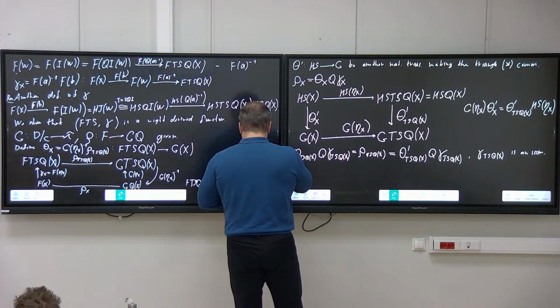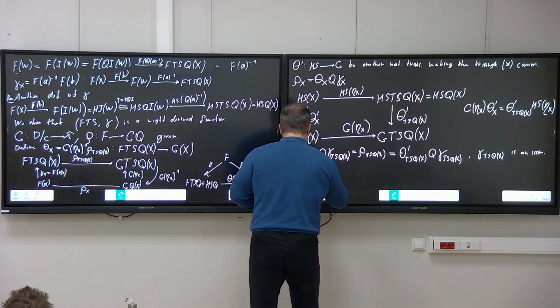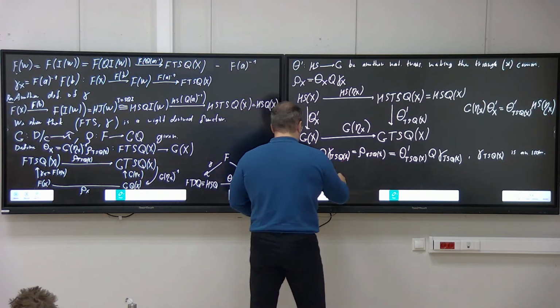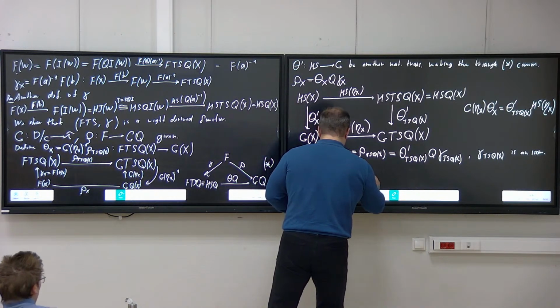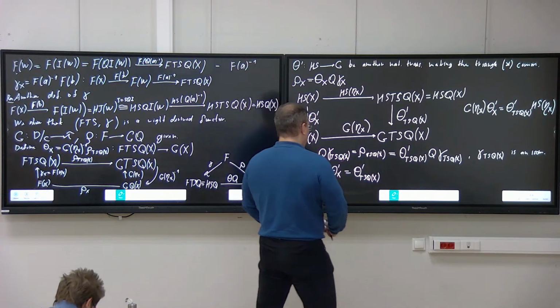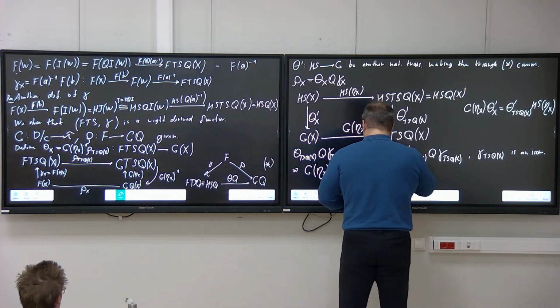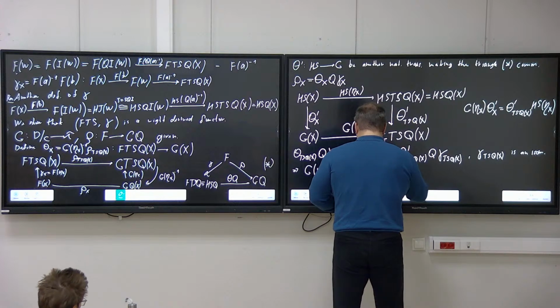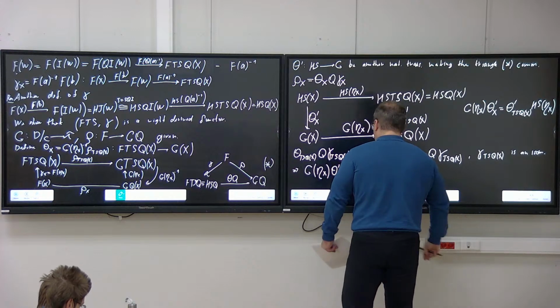And since this is an isomorphism, we can say that the composition of the G applied to the eta sub x and the theta prime sub x is equal to the theta prime T S Q of x composed with the H S of the eta sub x.